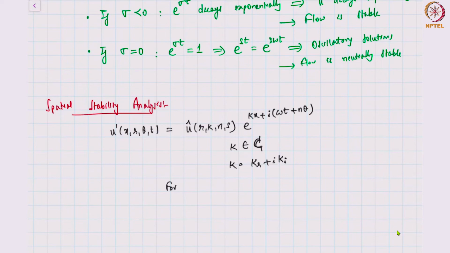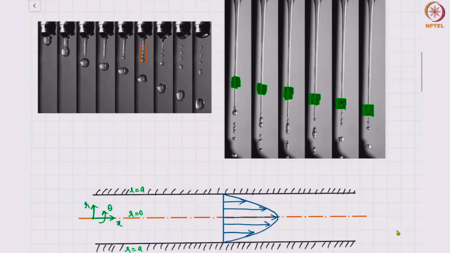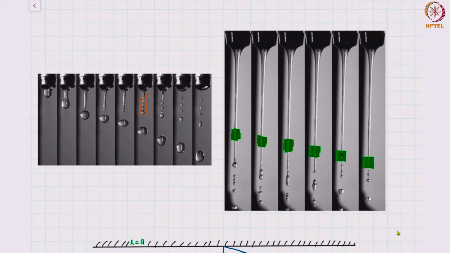For x greater than 0, if kr is greater than 0, e power kx essentially becomes e power kr plus i ki, the real and imaginary parts of k, times x, and this gives me e power kr x times e power i ki x. So the wave would increase in amplitude as it flows. The example that you saw here is actually an example of a spatial mode.